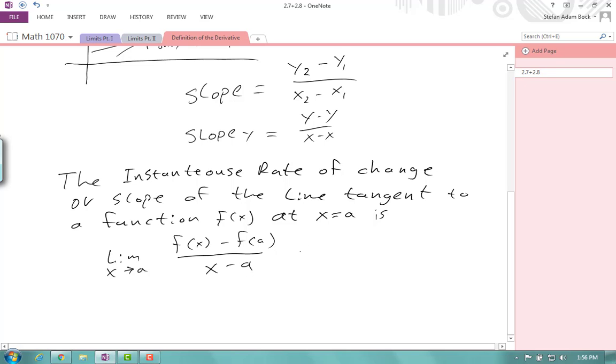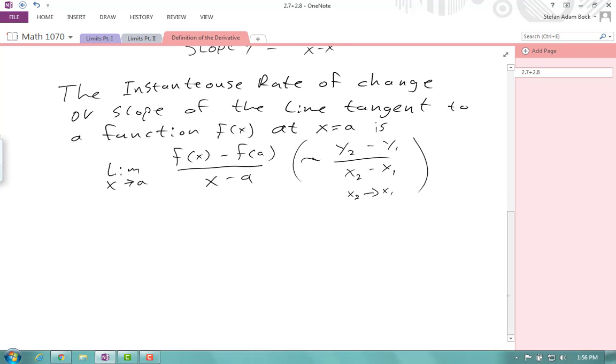This has the effect of being similar to my slope between 2 points, y2 minus y1 over x2 minus x1, as x2 approaches x1, and I take a limit as they get very, very close together. This goes back to what I said about everything in calculus being the result of a limit.